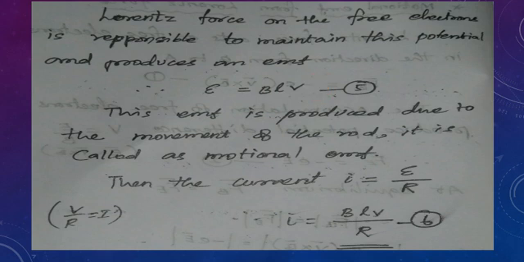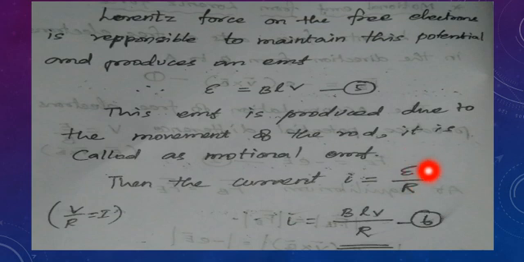That current is the induced current, small i. According to Ohm's law, I is equal to V by R. Therefore the induced current is equal to the induced EMF divided by resistance.